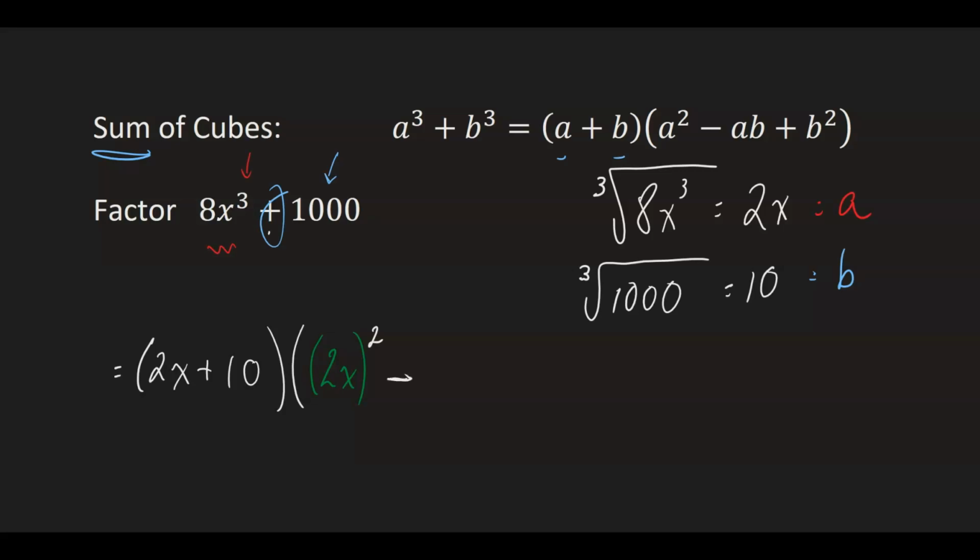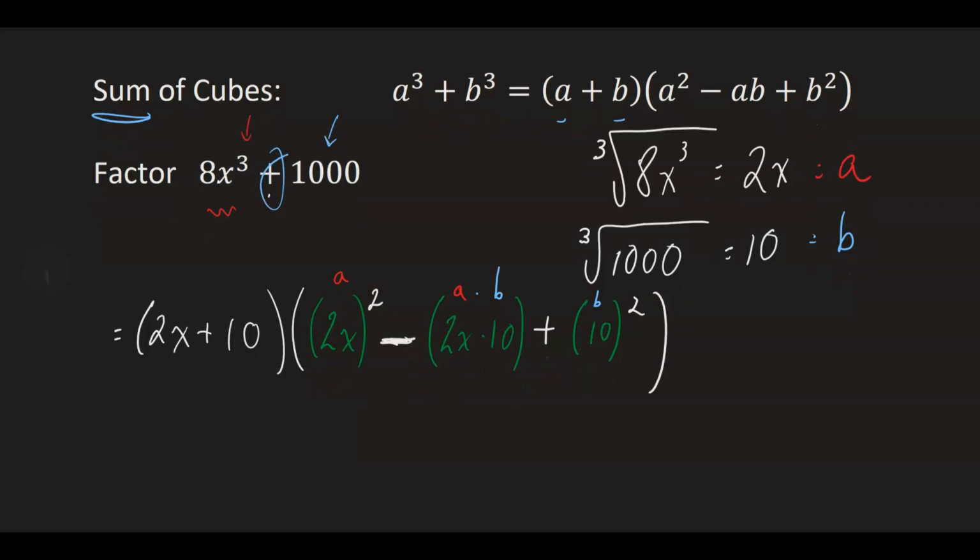It'll be the opposite sign, minus ab, 2x times 10. I'm just going to write it like that for now. Plus, it's always an addition, b squared, which in this case is going to be 10 squared. Okay. Notice I filled in a and a times b, and b gets squared.